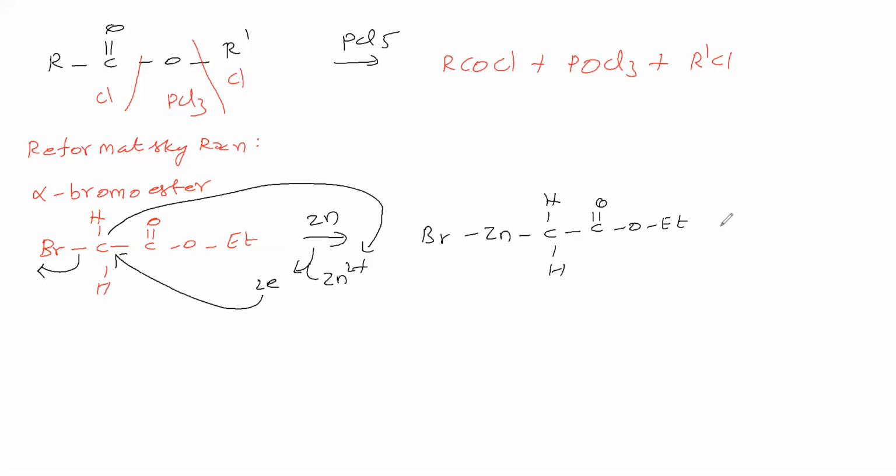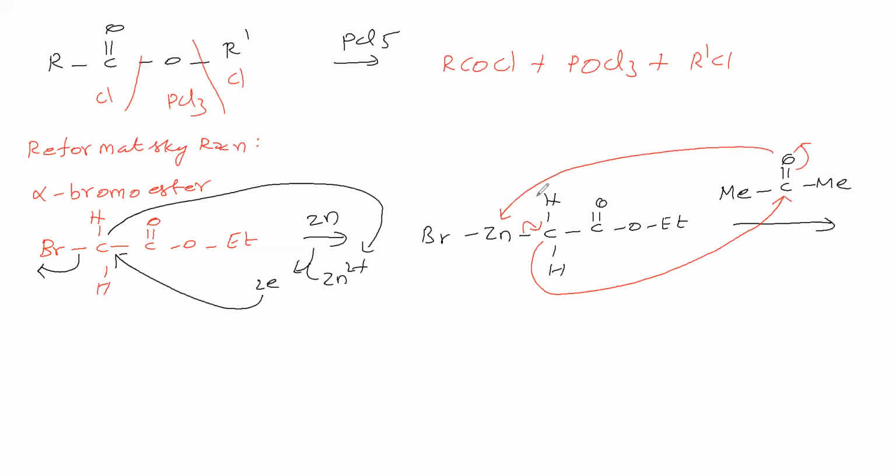Next, this organometallic compound is treated with a carbonyl compound. For example, we are taking acetone. Now, how does the bond shift take place? You see, this bond is shifting to the carbon. So this C minus is attacking this carbonyl carbon. This bond is shifting to O. O becomes O minus.